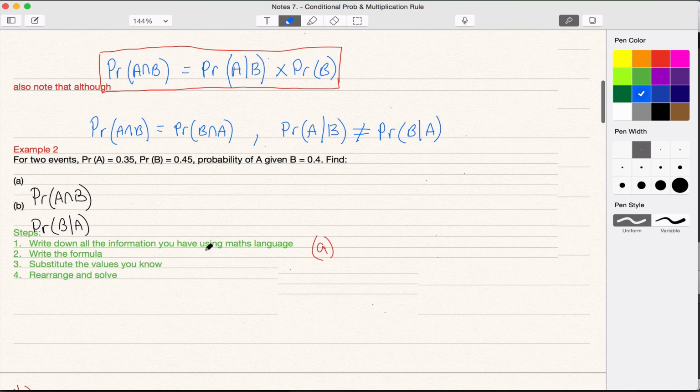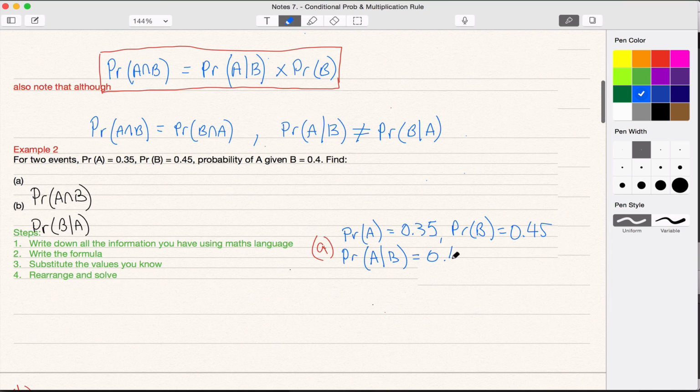The first thing you need to do is write down all the information you have using your mathematics language. Often this will be in a worded problem and you'll need to write it out in proper maths language. So we've got probability of A equals 0.35, probability of B equals 0.45, and probability of A given B is 0.4.